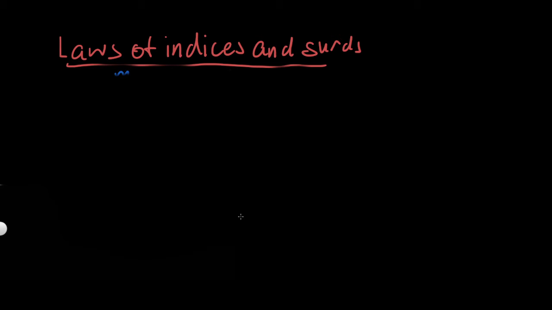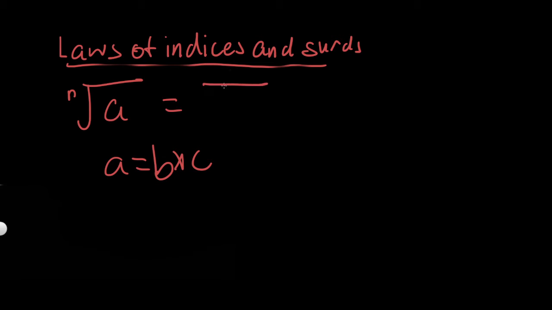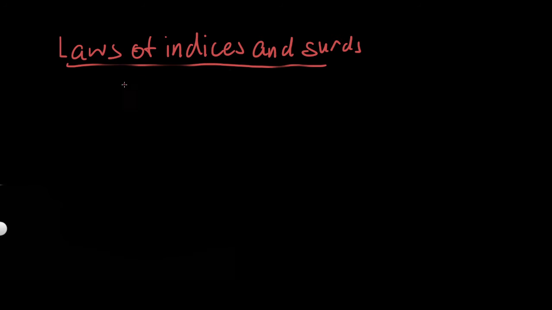Some things to take note for surds. Let's say a can be equal to b times c. This can be expressed as the nth root of b times the nth root of c. So for instance, let's say the square root of 8.